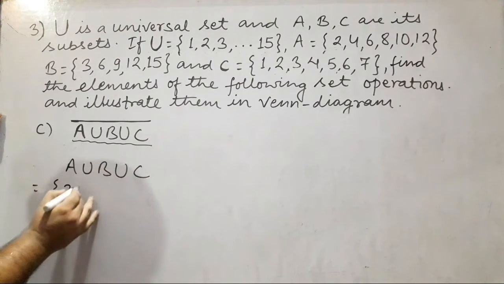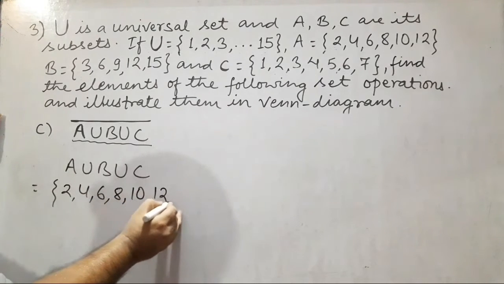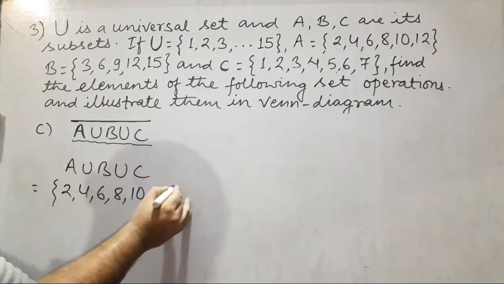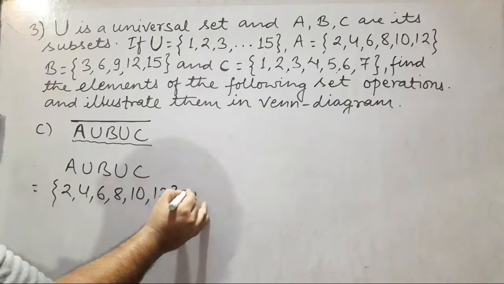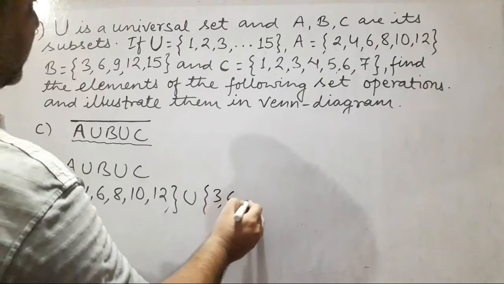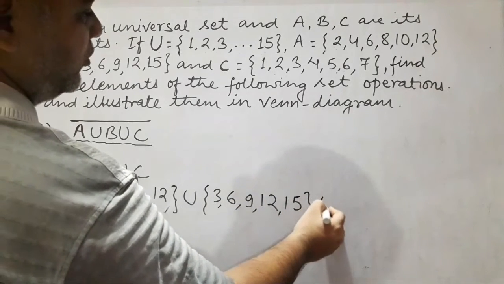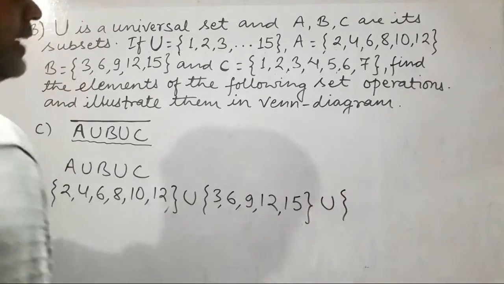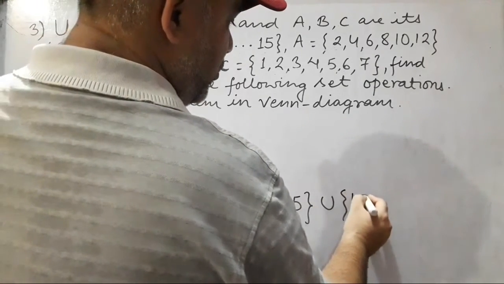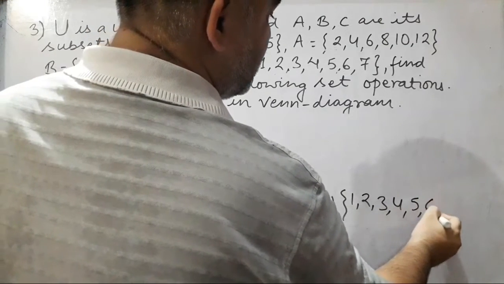Set A: 2, 4, 6, 8, 10, 12. Union the elements of set B: 3, 6, 9, 12, 15. Union set C contains the elements 1, 2, 3, 4, 5, 6, 7.